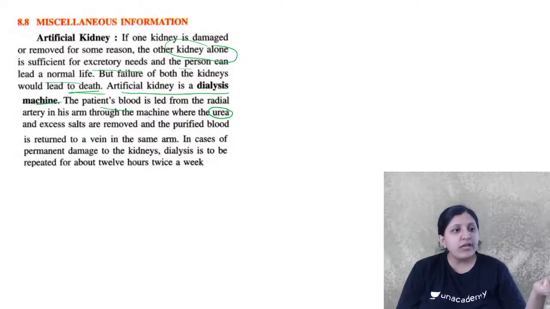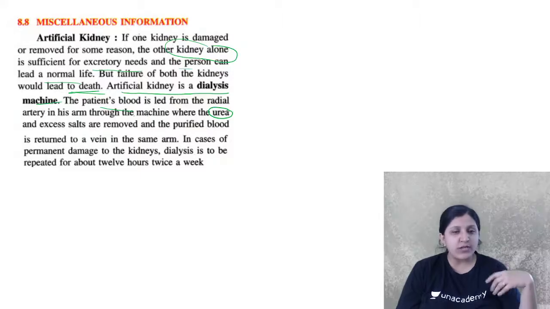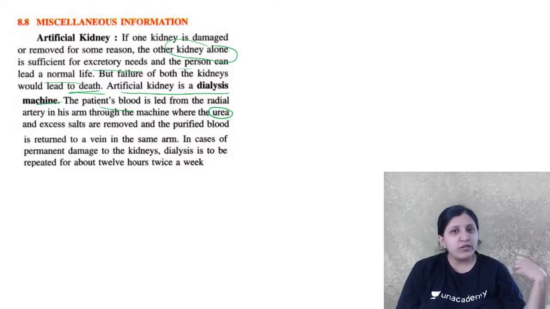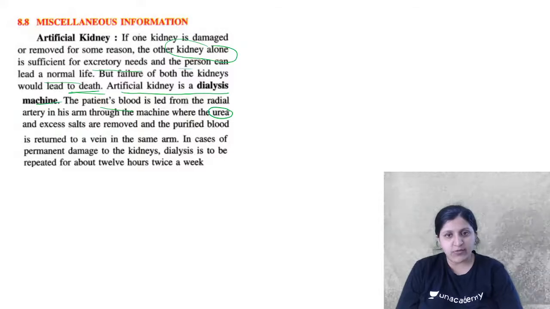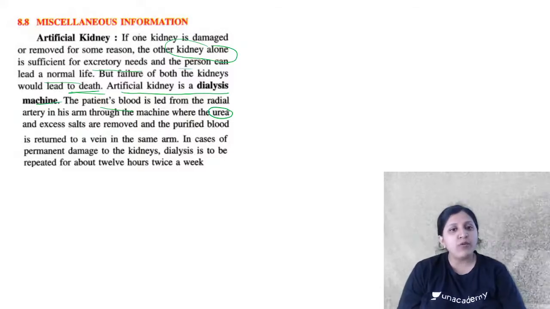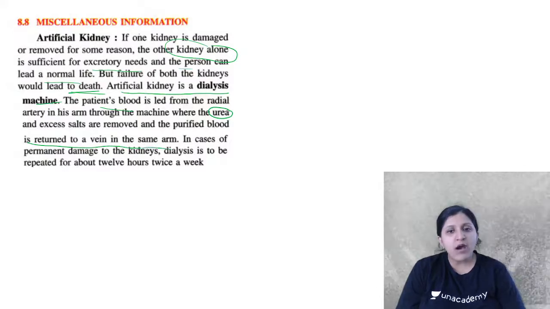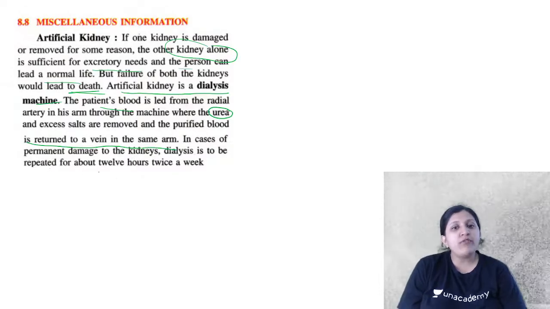If there is any excess salt and urea present, it can be removed through this arm blood vessel itself. And the purified blood is returned to a vein in the same arm.